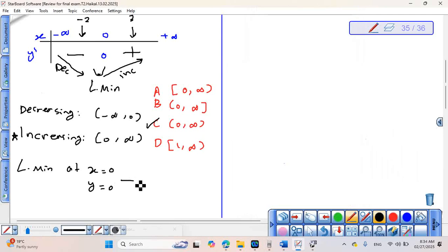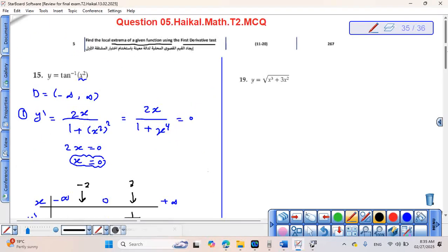We can say that (0, 0) is a local minimum. That's it for determining the local extrema of a given function using the first derivative. Let's move to the next question.